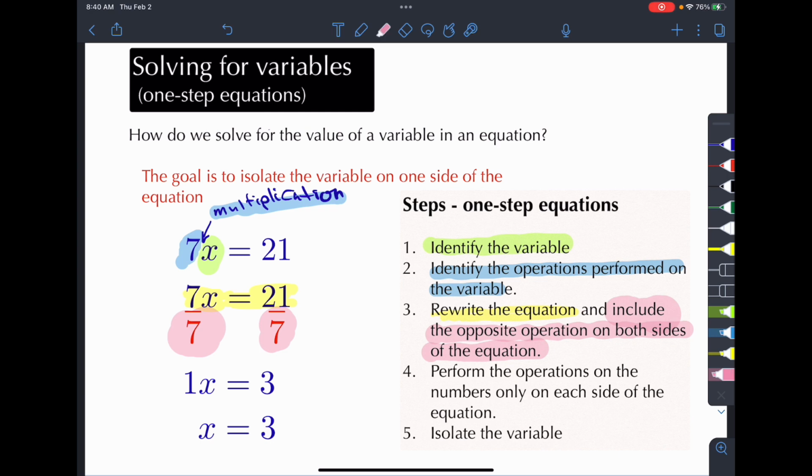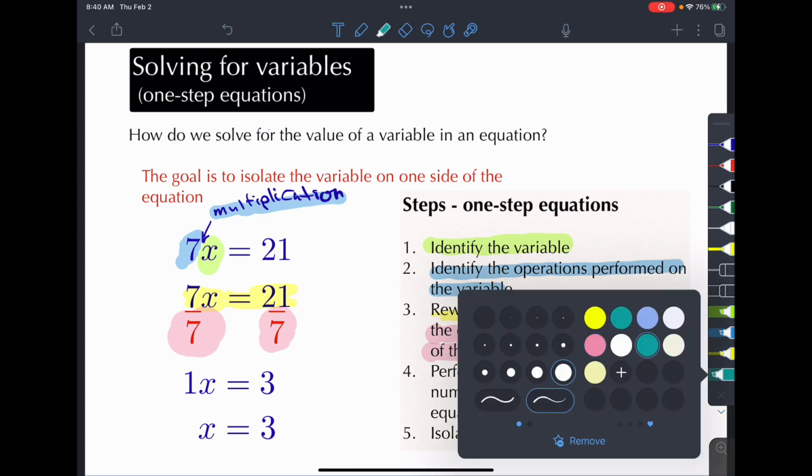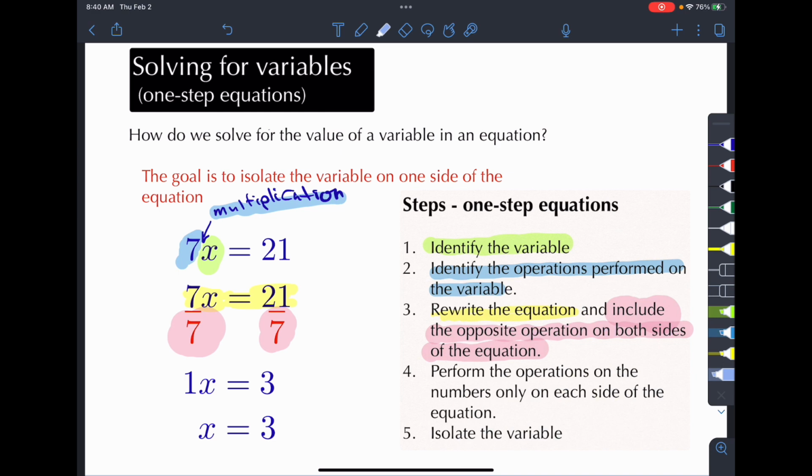Step 4. We are asked to perform the operations on the numbers only on each side of the equation. So let's have a look here. We have 7 divided by 7. 7 divided by 7 is 1.